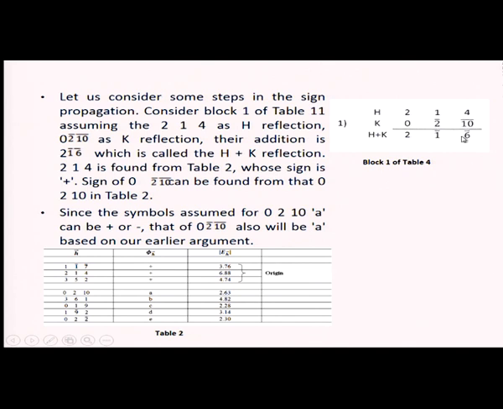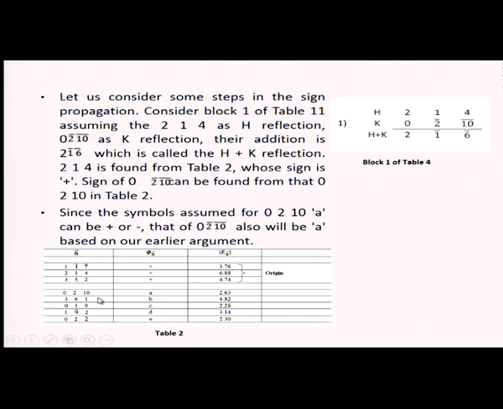Clear? Now, see here, this 2 1 4 is in the list, it is plus, okay, right. Then 0 2 bar 10 bar, it is also A. So, in centrosymmetric, when you invert all reflections, 2 1 4 to 2 bar 1 bar 4 bar, and 0 2 bar 10 bar to 0 2 10, your A will remain A, because your A is what, 0 or pi, right.